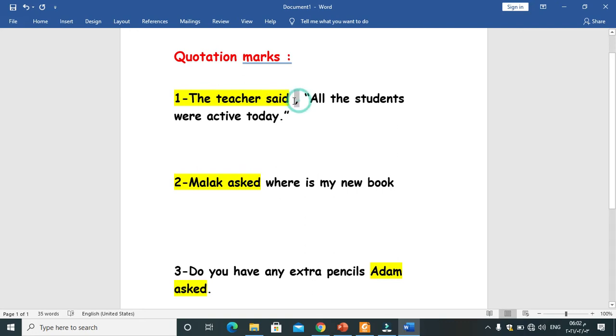We had lots of snow last night, said Mom. Well, underline W, it should be capital W here. And first of all, you need to write the first quotation mark.